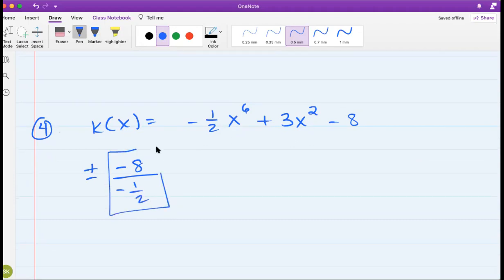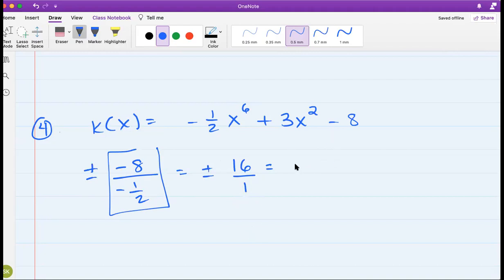So focus on this. This is plus minus 8 divided by 1/2, which is actually 16, right? Because you flip and multiply, and then the negatives cancel. But again, you don't have to worry about the negatives because you have a plus minus here. So we get plus minus 16, or plus minus 16 over 1.